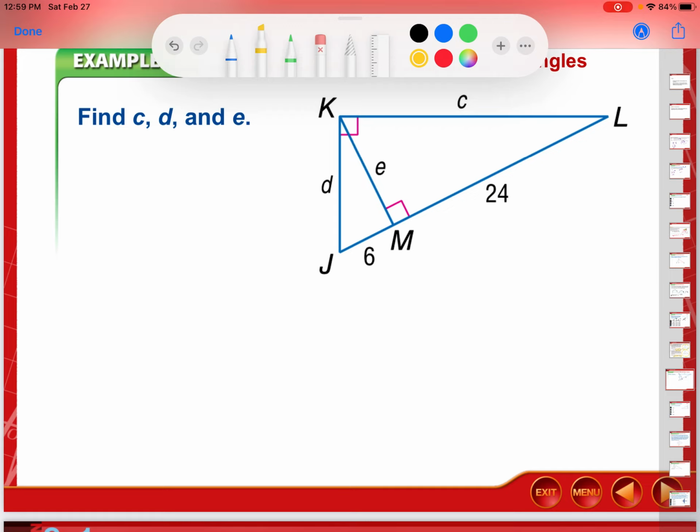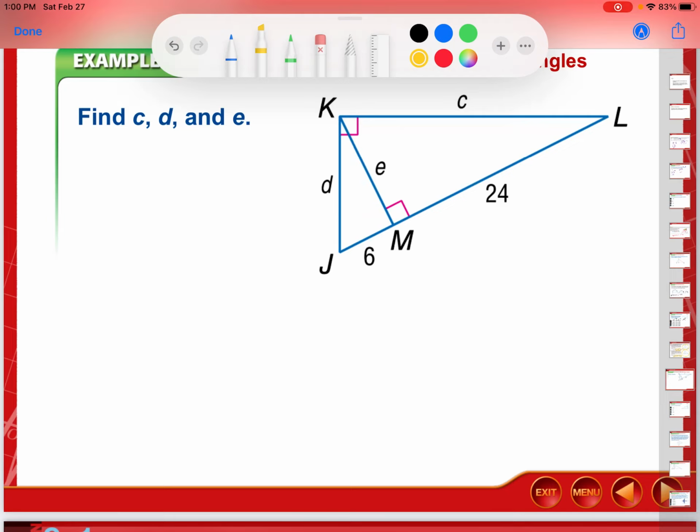So let's see what this looks like in practicality and in action. So anytime we're using theorems 8.2 and 8.3, typically if we're going to end up using both of them, we start with 8.2.